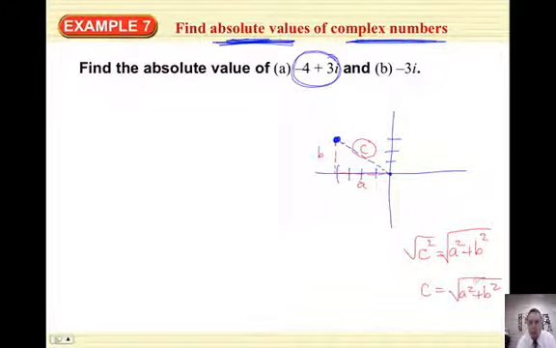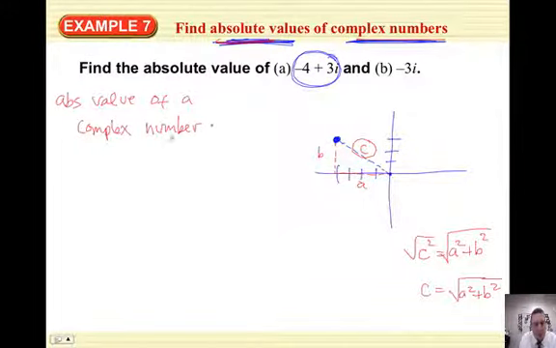And this is how they get the formula for the absolute value of a complex number. So write this down. Absolute value of a complex number. Here's how you find it. They say absolute value of z, where z means complex number.